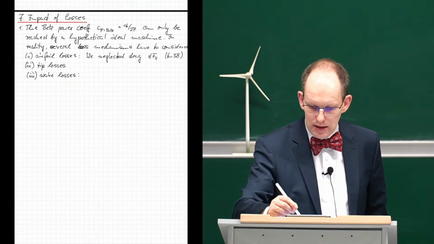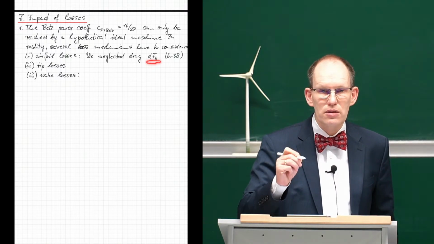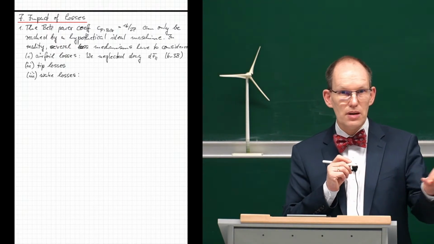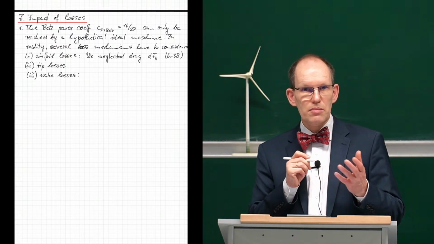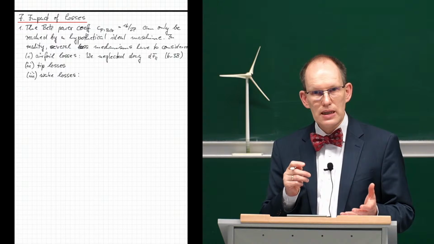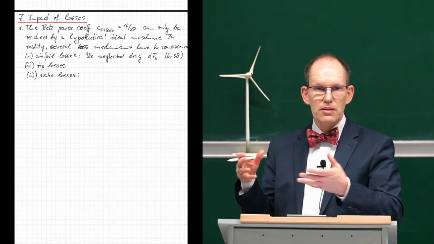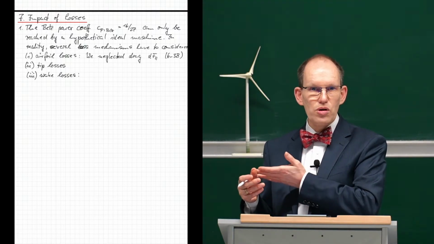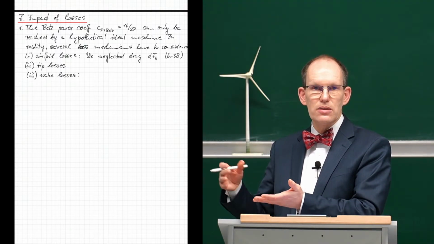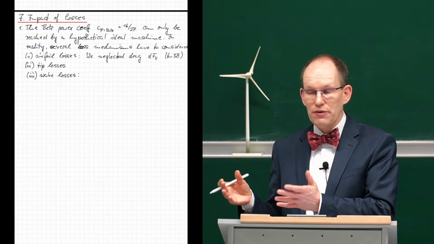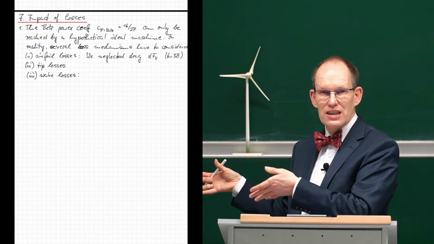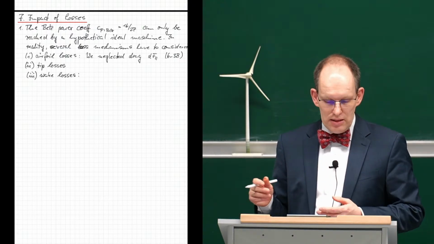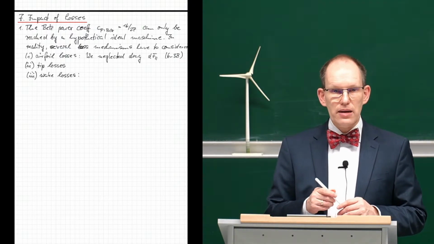In particular, it exerts this force parallel to the rotor plane. And now we remember from the first semester Newton's third law, which says that action equals reaction. So this means that there is also force exerted by the blades on the wind, which means that it is deflected not only in radial but also in tangential direction. And this is called wake losses.